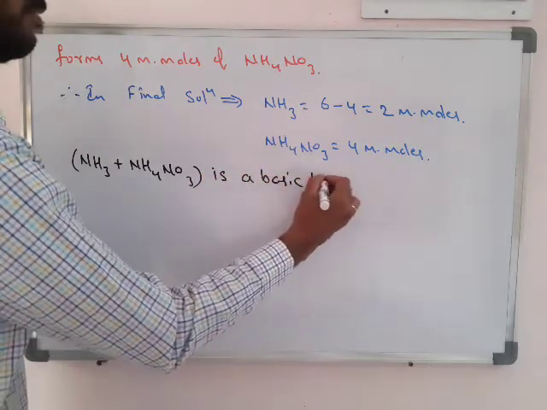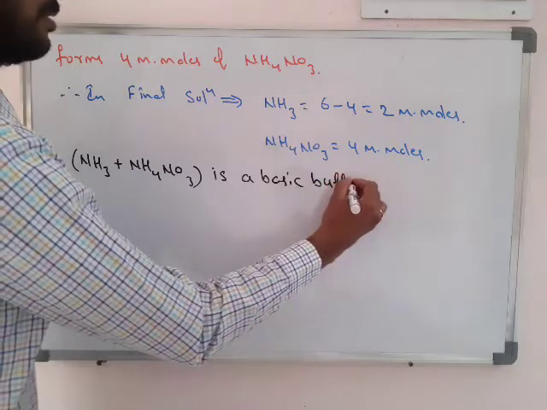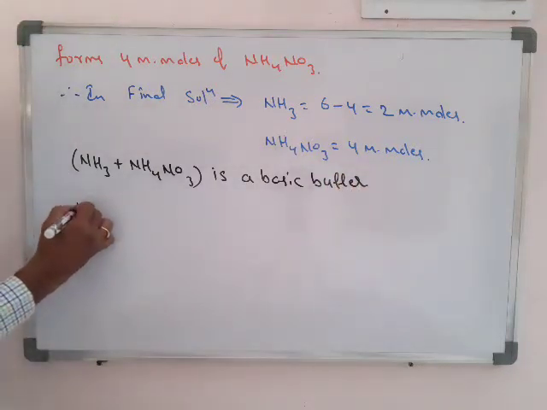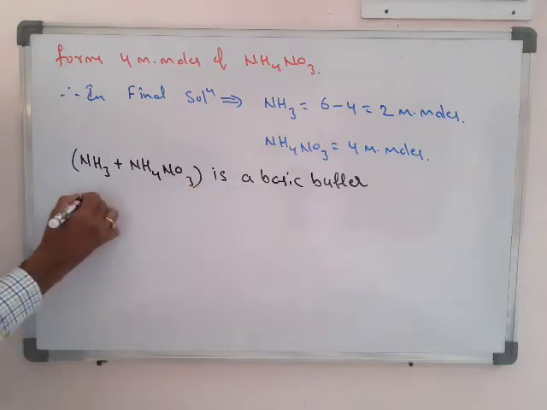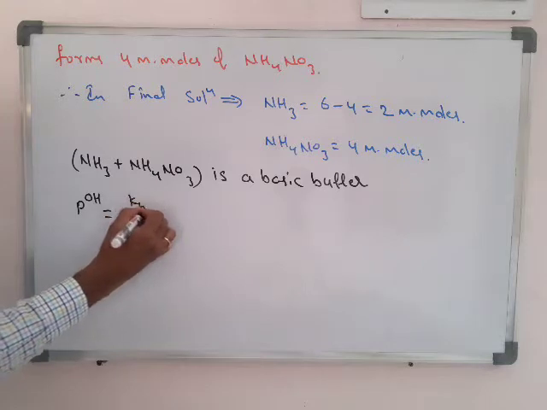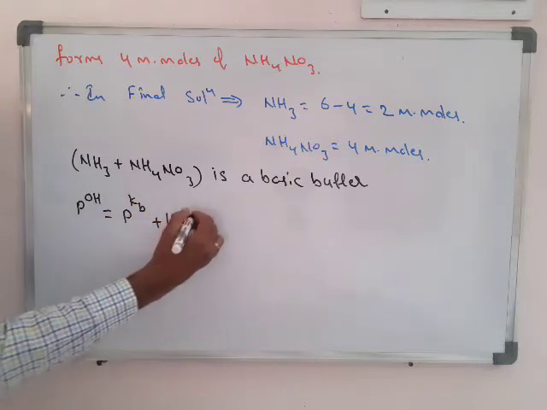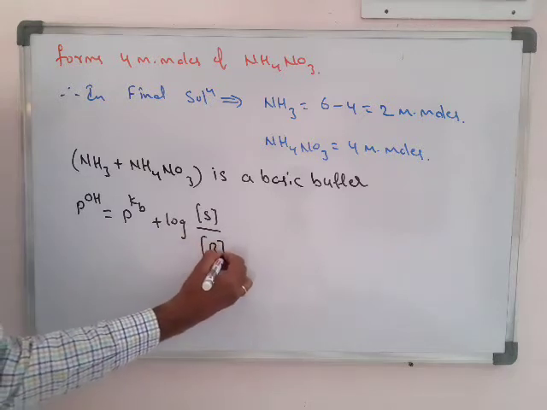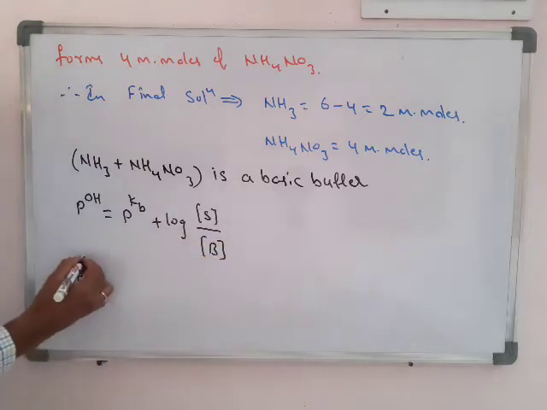We have to identify it as a basic buffer. So we have to calculate the pH of this buffer. We have the formula for pOH, that is pKb plus log salt concentration by base concentration. So now what is the pOH?